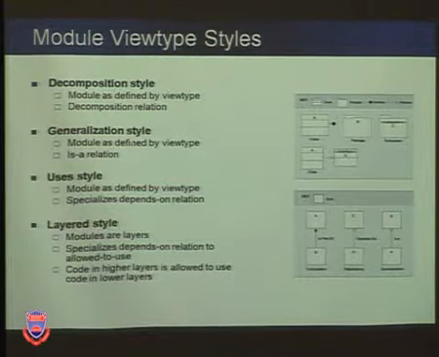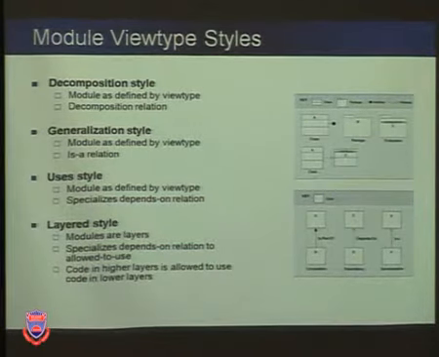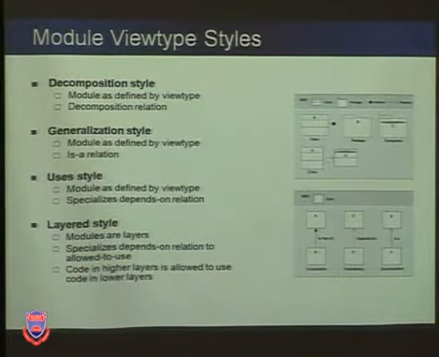The module. So it belongs to the module view type. The module is as defined by the view type, which means you can just take the whole set. But there's a strict constraint on the relation, which says you can only use the decomposition relation.